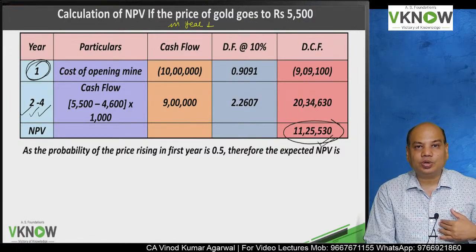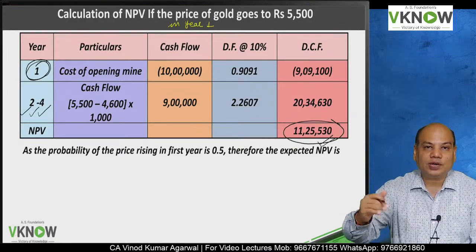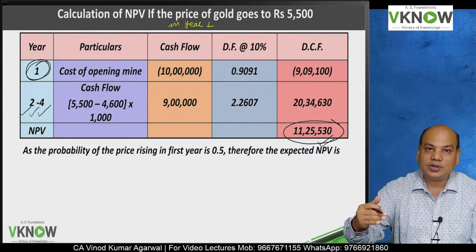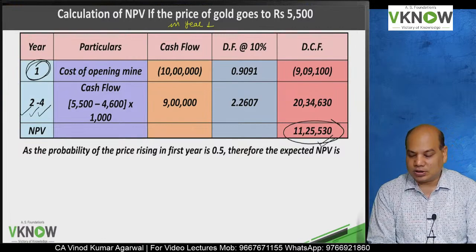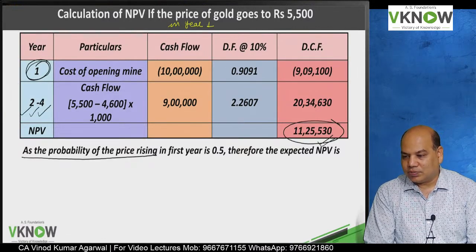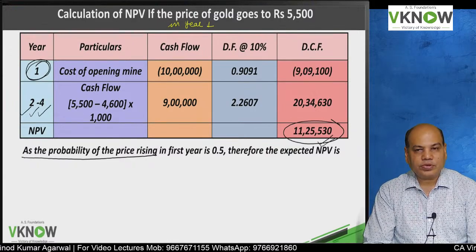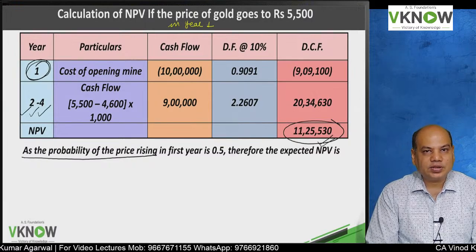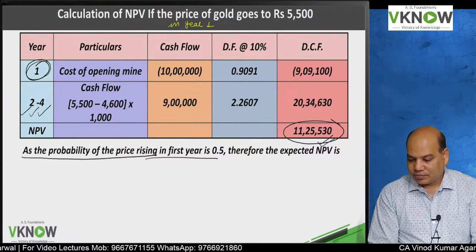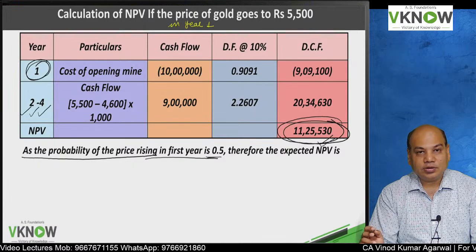We are standing today and I have to take a decision whether to start today or after 1 year. After 1 year, there are two possibilities. So I have to take the expected value of those two possibilities. Write down a note: the probability of price rising in the first year is 0.5 only.